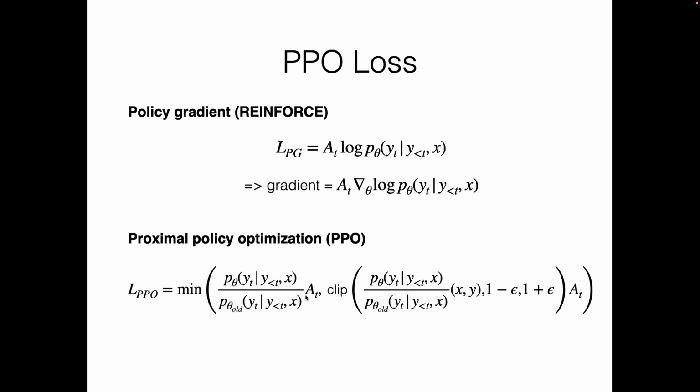And then you also have this notion of clipping. If the update is going too far in either direction, then you're going to clip the update. And you can see here again the advantages coming in, in place of this up here.